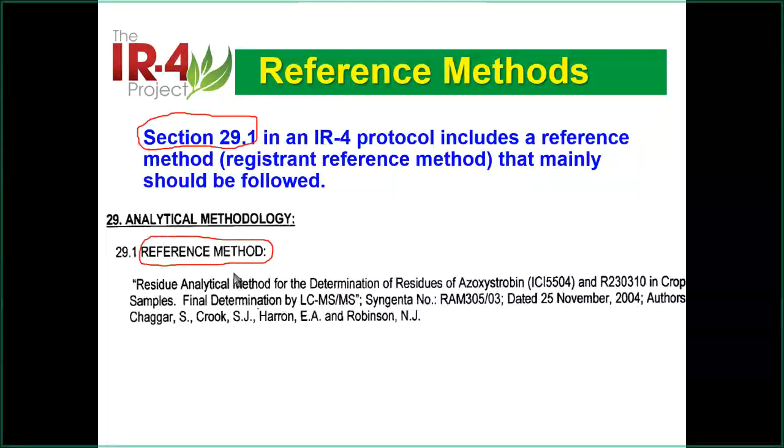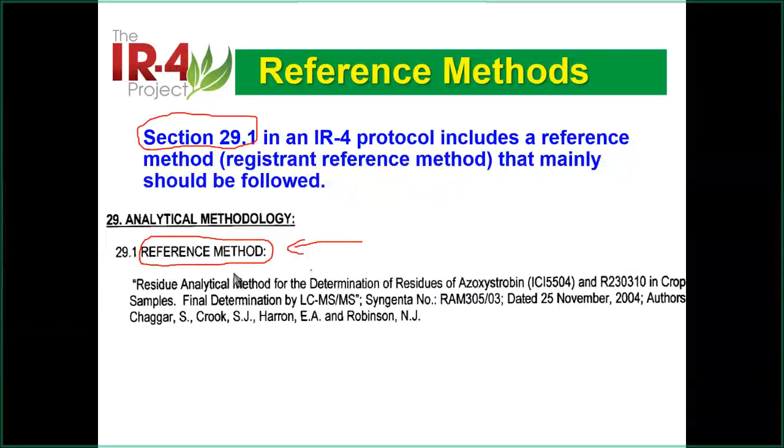Basically, somebody did this already. It's fully validated, and it has been proved by other labs, other studies. So we know the full studies say this is good. You need to use this method and do the work. That's the typical thing we need to do.